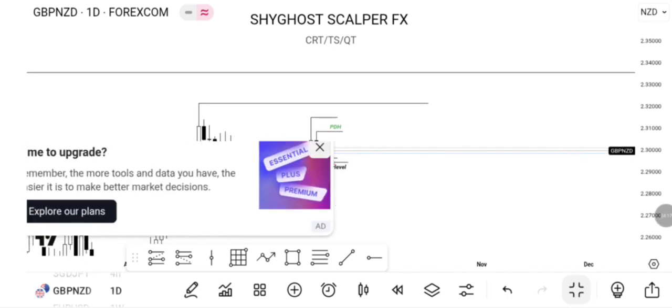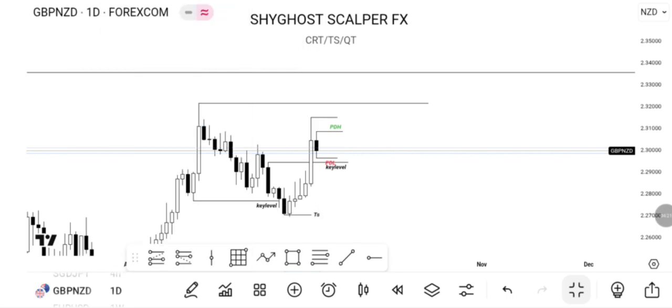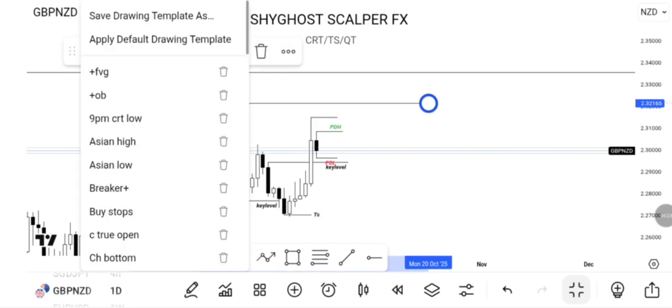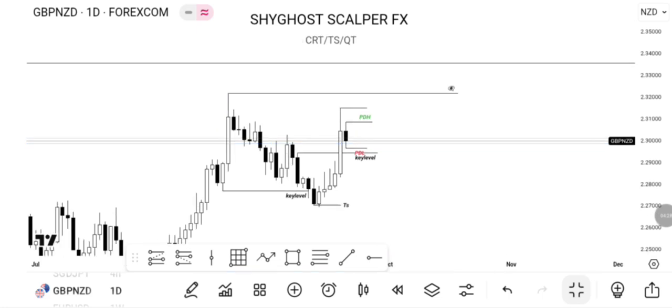So this is going to become this time frame's total soup. This is our draw on liquidity, right?